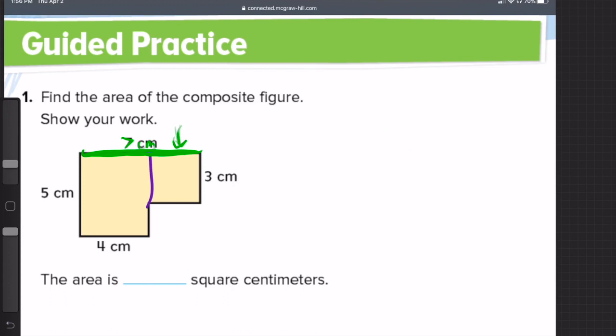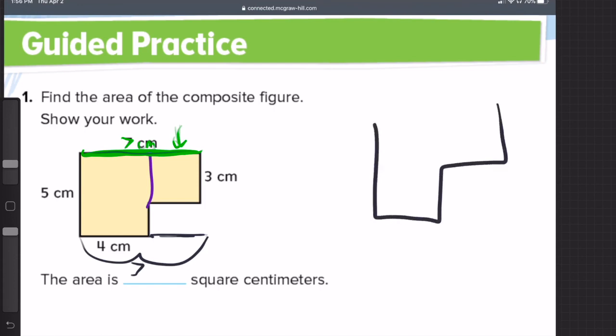So if we have 7 centimeters on the top of our rectangle, then let's pretend that this part right here did extend out. It doesn't, but if it did, then this would also equal 7 centimeters, because top and bottom of the rectangle would be the same. So I would have it like something like this. 7 here, then let's pretend that this extends, then this would be 7 as well.